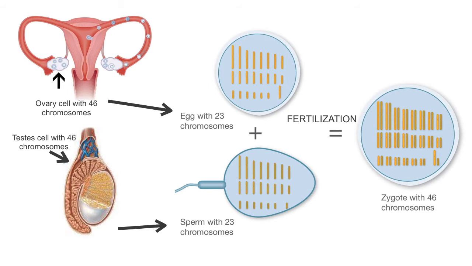Eggs will have one of each chromosome, so one of chromosome number 1, one of number 2, one of number 3, and so on, and one X. Whereas the sperm will also have one of every 23, one of number 1, one of number 2, one of number 3, etc., and a Y chromosome or an X. And then when fertilization happens, the homologous chromosomes can now combine, and you will have 2 of each type.